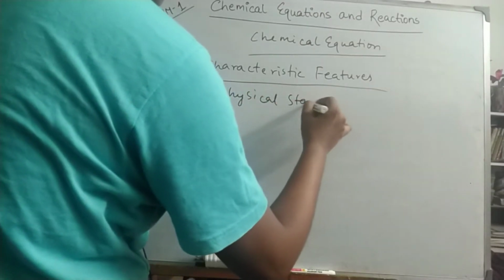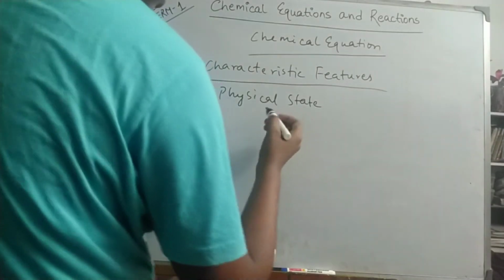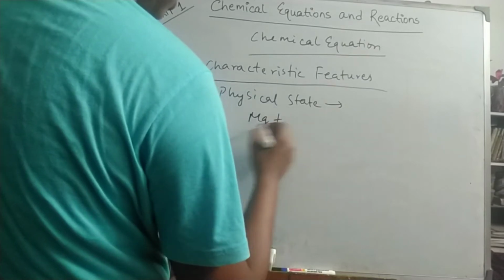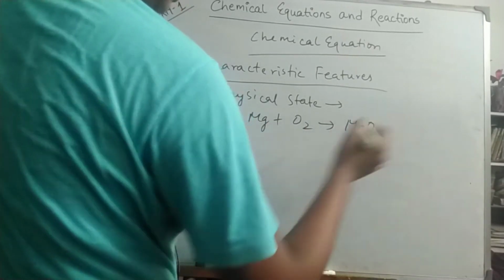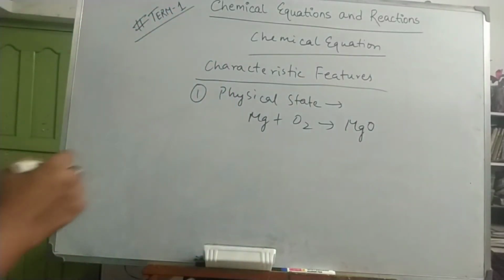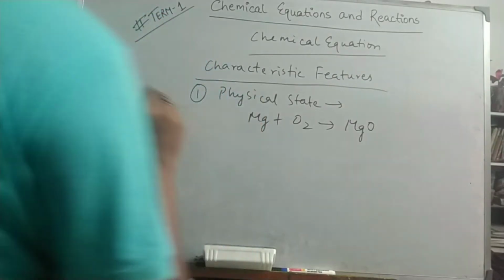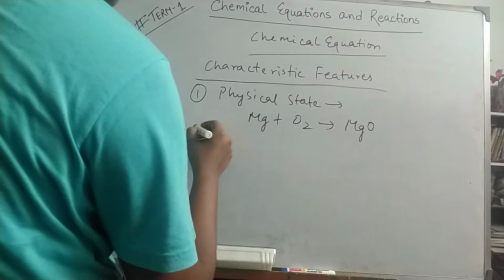Physical state normally changes. Suppose Mg means magnesium, when added with oxygen it will give magnesium oxide. This is the first one, physical state. In this you need to know only the example, because in MCQ questions these examples will only come.